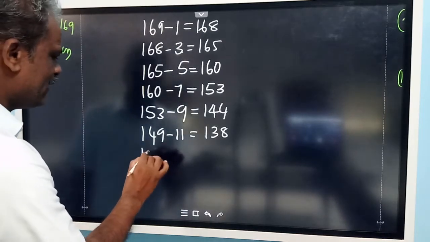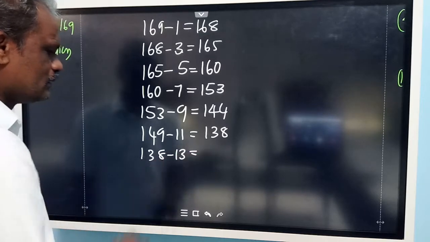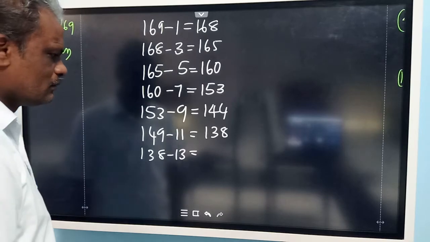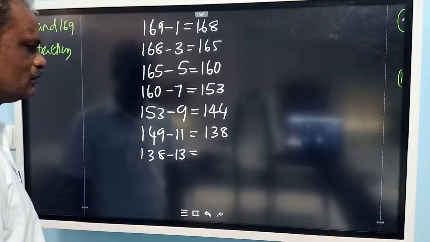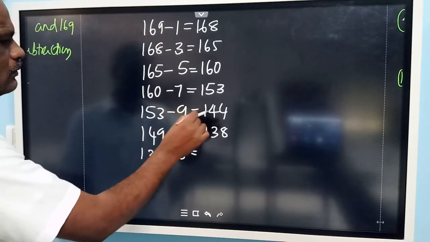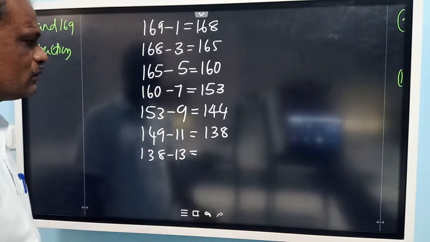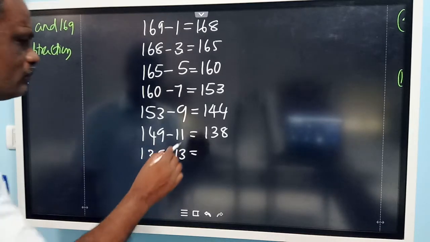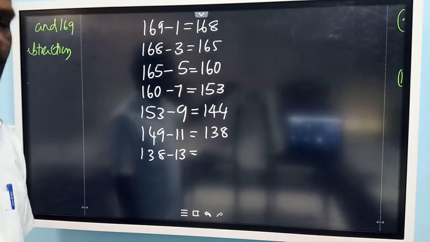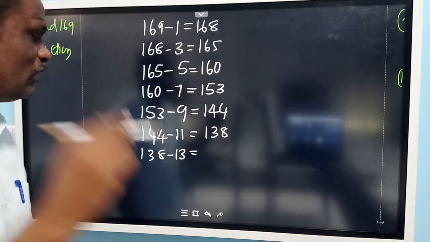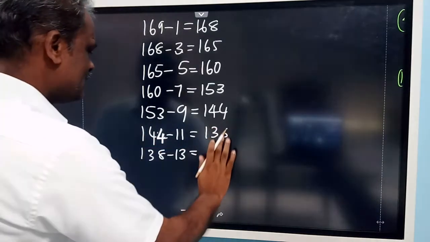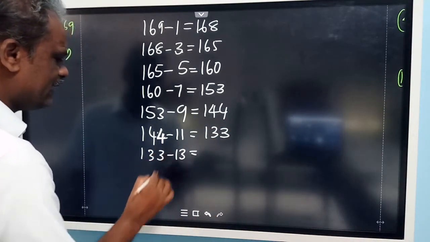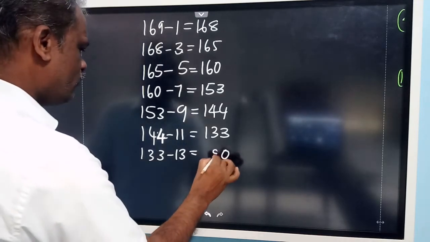144 minus 11 is equal to 133. Good. So now 133 minus 13, 120.